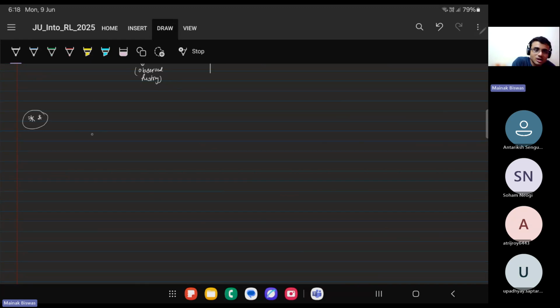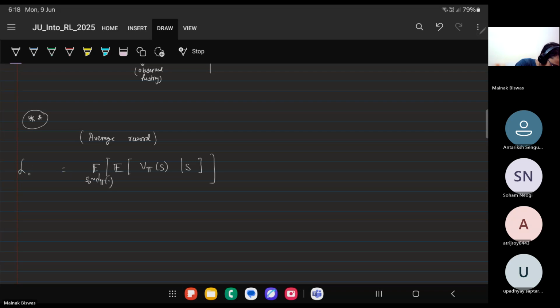If I want the average reward, I can do something like this: V pi of s given s, and then the expected value over the start state S0 distributed as some d pi, say, the same stationary distribution. Is this fine? First step. And we say that this is the total sum L theta. Correct?